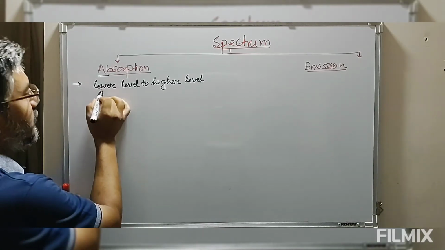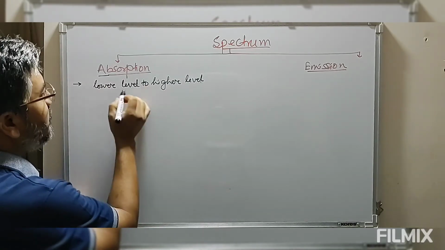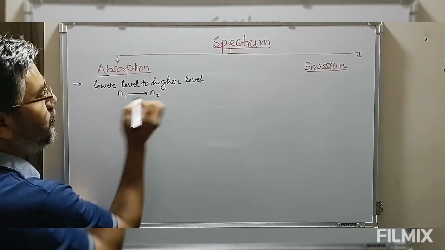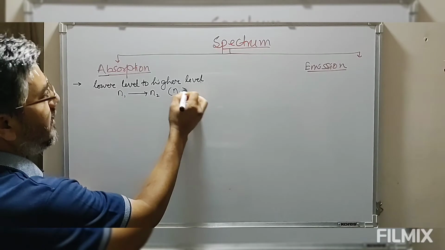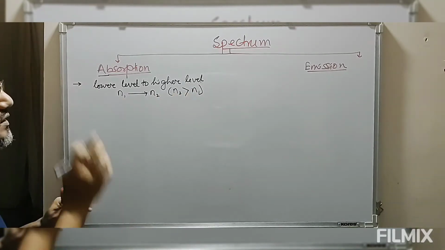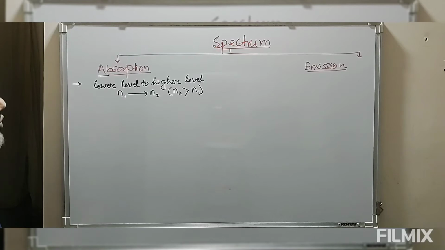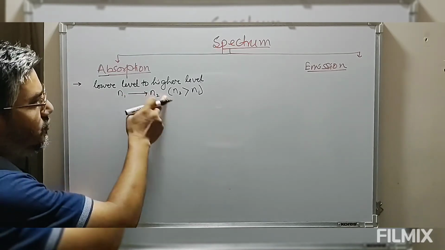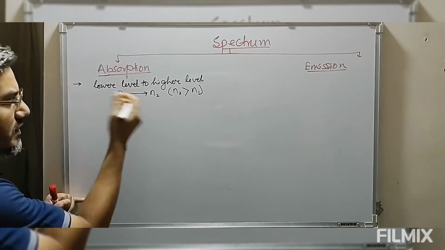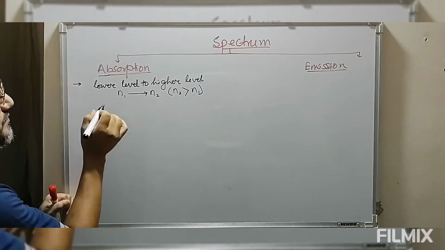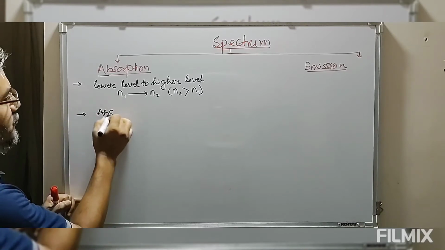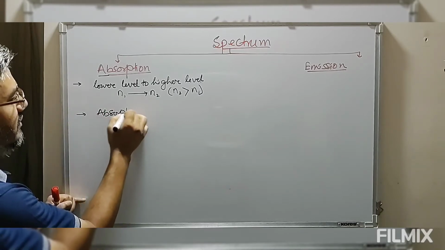Suppose this is n1 to n2, and n2 is higher than n1. So this is the higher level, and this is the lower circular orbit. Now we are transferring the electron from the lower to the higher level. During this process, energy must be absorbed.